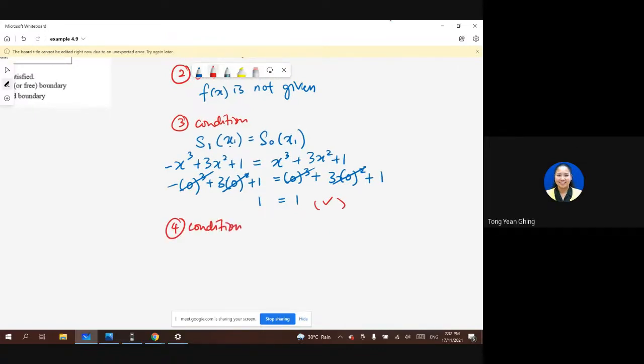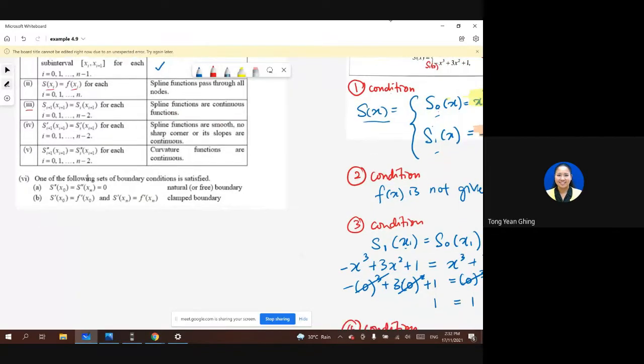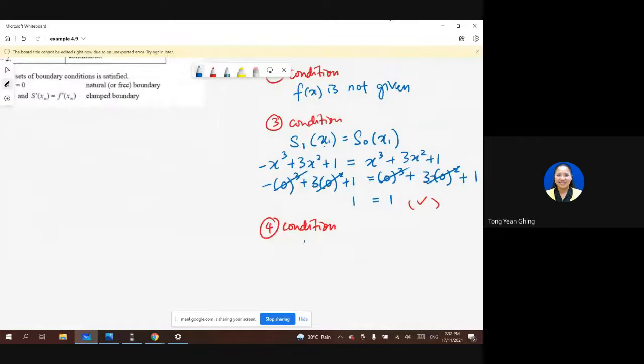The fourth condition. So fourth condition just now, it says that S prime i plus 1 have to be same with S prime. So maksudnya, S prime 1 gantikan x1 mesti sama dengan S prime x1. Sekarang kita bezakan. Okay, we do the first derivative. Daripada this one, beza. Jadi macam mana? Masih ingat tak your maths before this? Apabila buat beza.